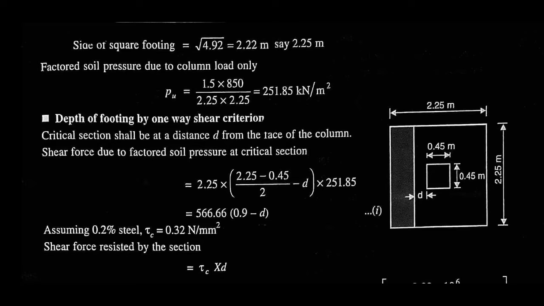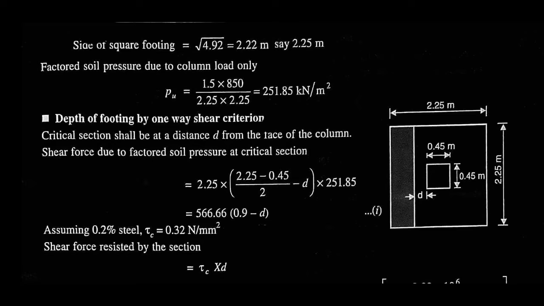So first criterion is depth of footing by one-way shear criterion. That means shear should act in either this side or that side. But in case of square footing, all sides are the same, so we have to calculate it only one time.